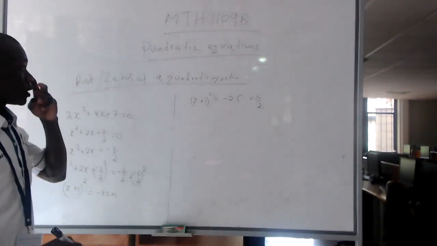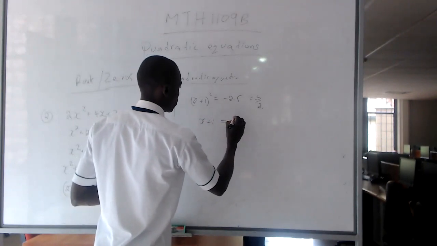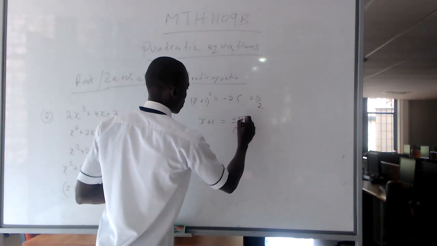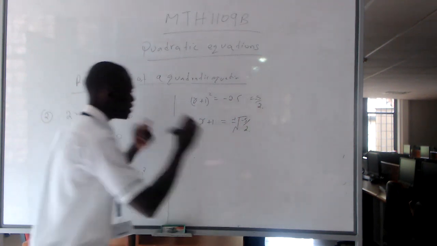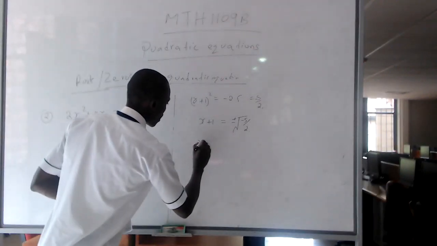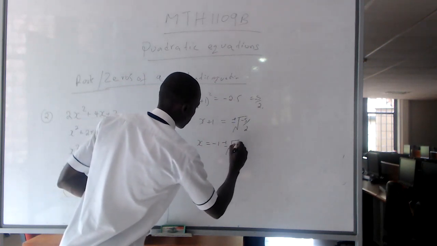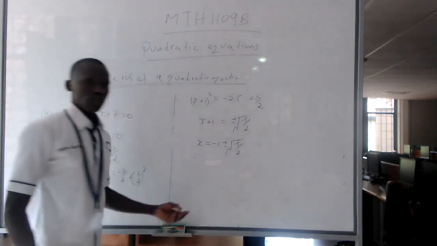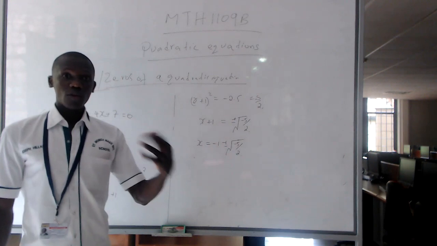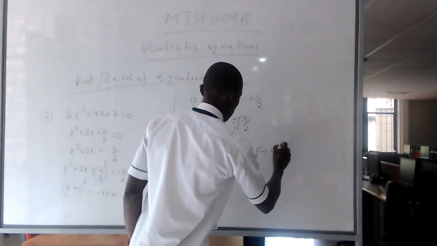Then to solve this, take square roots on both sides. So x plus 1 should give you plus or minus square root of minus 5 divided by 2. This is beautiful, a very nice example. So that x is equal to minus 1 plus or minus square root of minus 5 divided by 2. Very quickly, you realize that you're going to have a complex root. You have done complex numbers, so you know that square root of minus 1 is simply i.